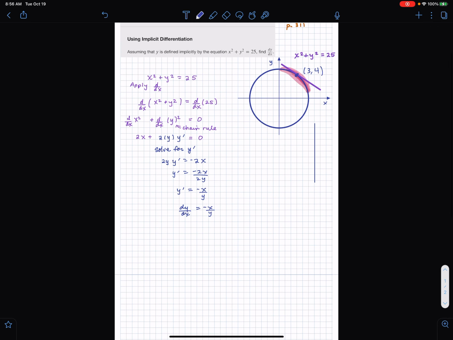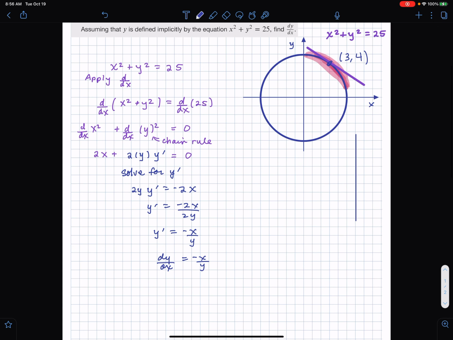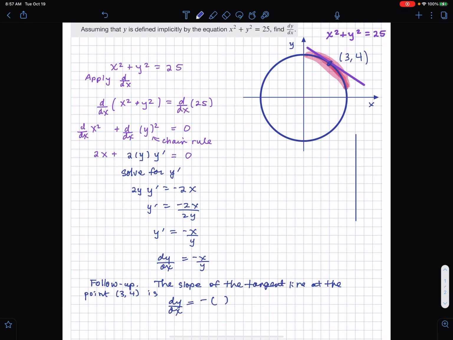So a follow-up: the slope of the tangent line at the point 3, 4 is dy dx equals negative.